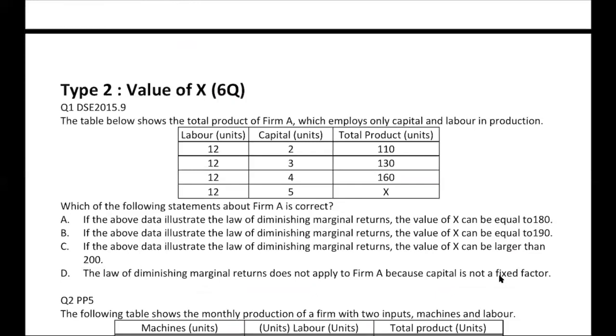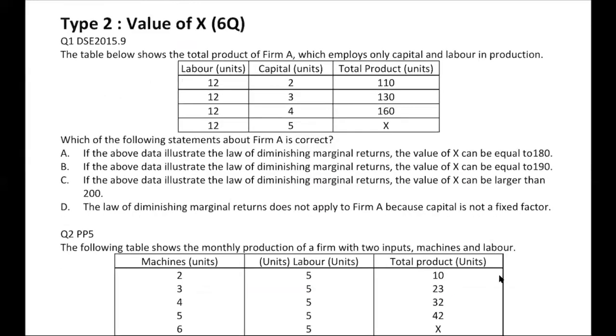Okay, this last one, the value of x. When in the MC they talk about the law, sometimes they will say that the law will apply, but they give you the x and ask you what is the criteria or the limitation of the x. So this is quite mathematical sometimes.